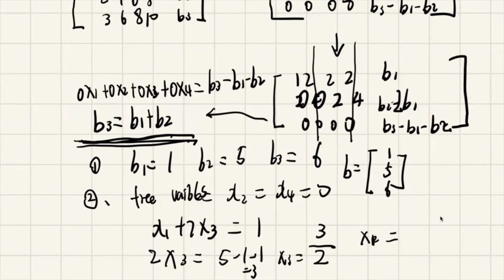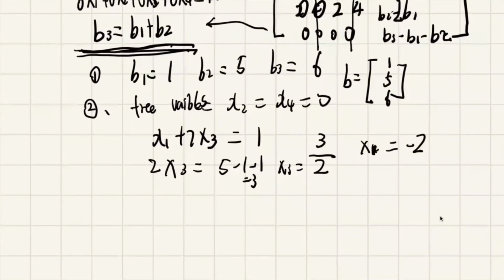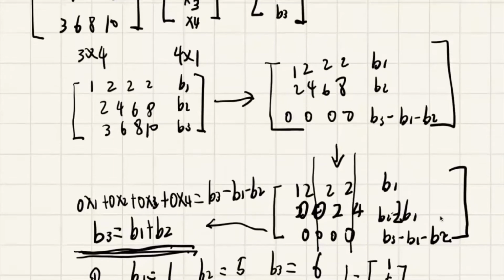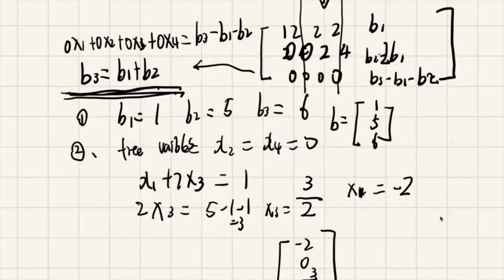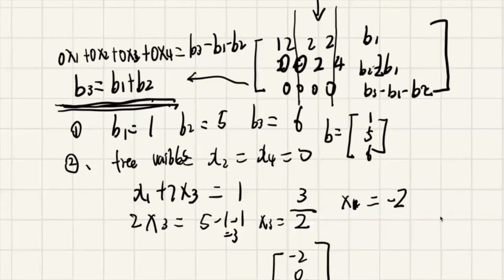And x1 equals minus 2. Here we got a special solution, x1 minus 2, x2 0, x3 and x4. With this combination of x1 and x3, we can really get our desired b, and make this equation solvable.